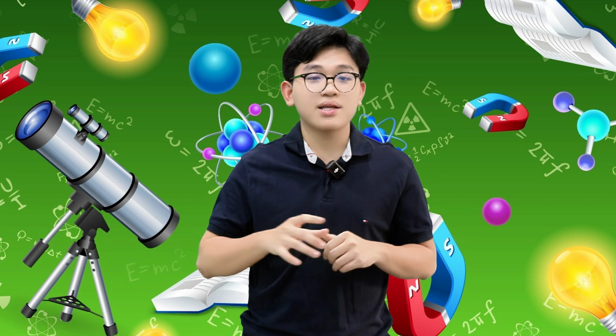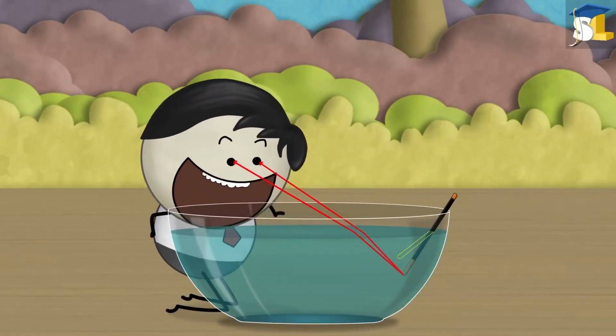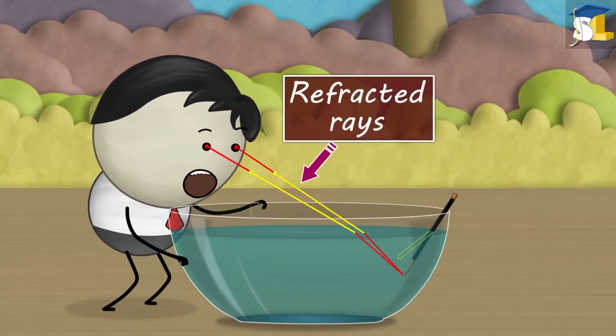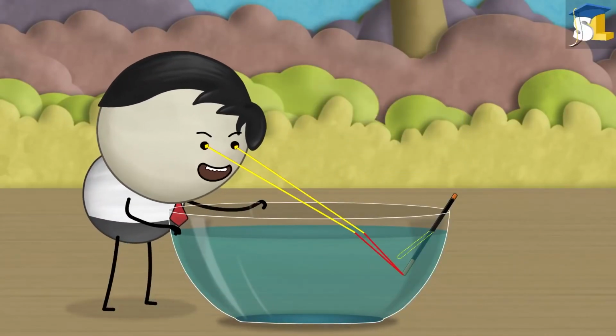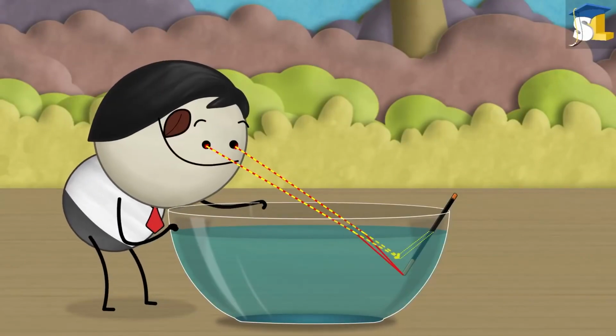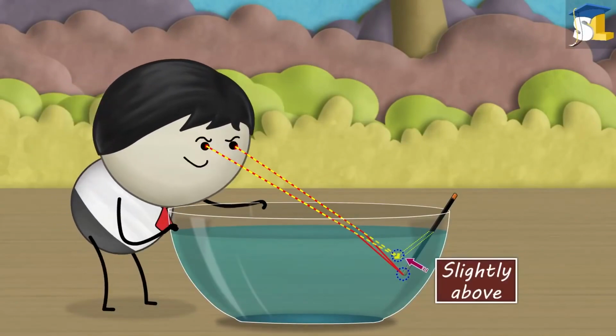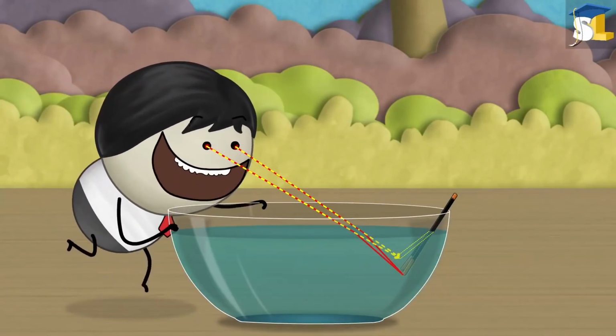So, now that you understand refraction, let's go back to the pencil in the water. When the light coming from the pencil enters the water, it slows down and bends. When it reaches our eyes, we think that light is traveling in a straight line, even though it's actually been bent.